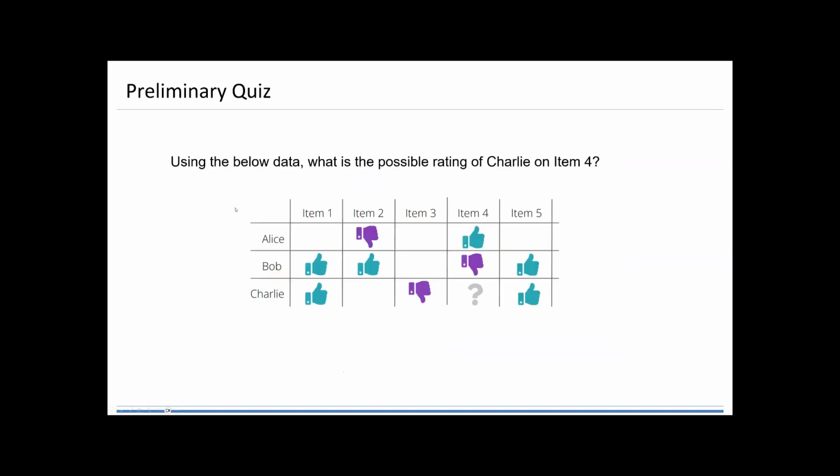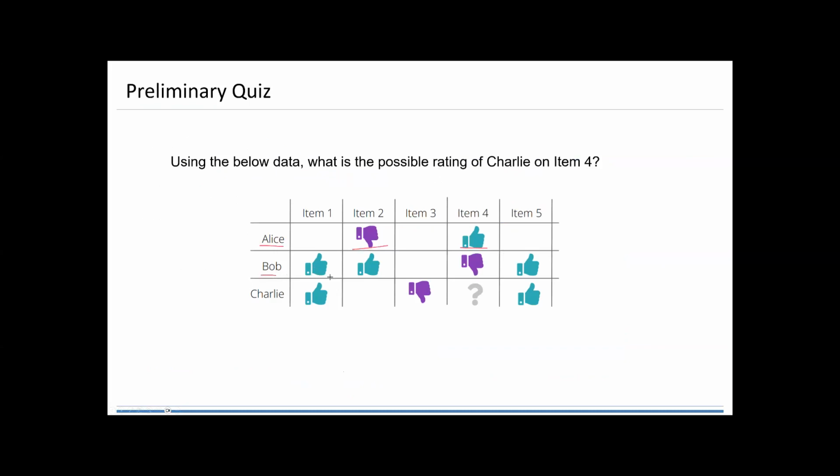For the question, using the below data, what is the possible rating of Charlie on item 4? If you see this, Alice gave a bad rating on item 2, and a good rating on item 4.